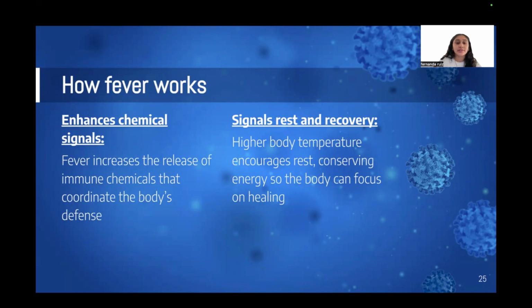Fever increases the release of immune chemicals that coordinate the body's defense. And then it signals rest and recovery. Higher body temperature encourages rest, conserving energy so that the body can focus on healing, which is why a lot of people who are sick and have fevers tend to lie in bed and let the body rest and fight the infection.